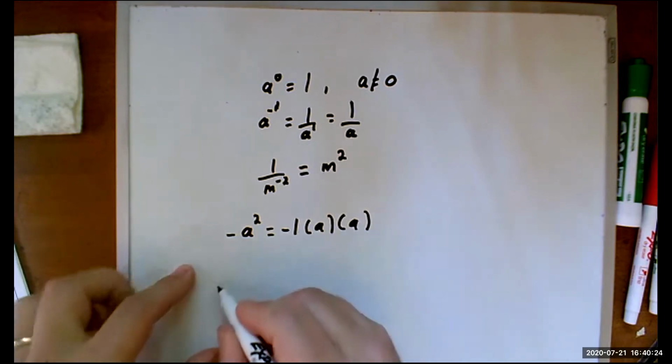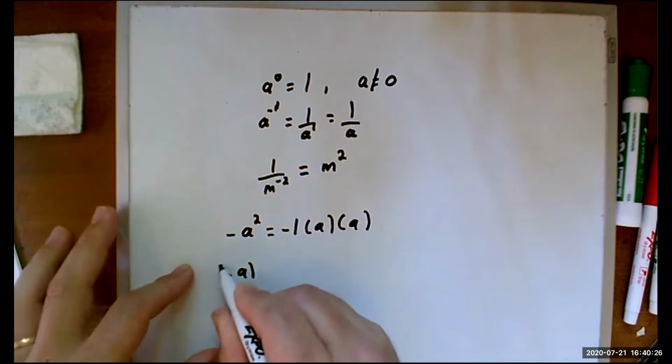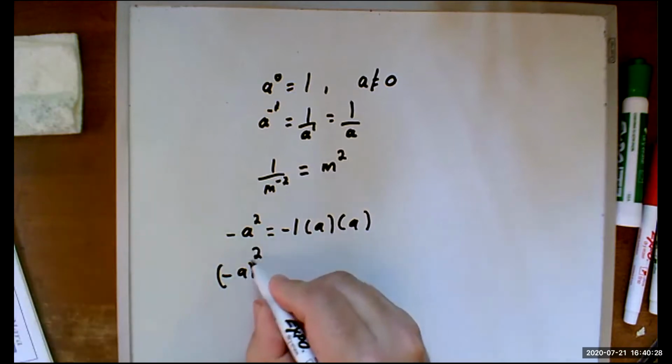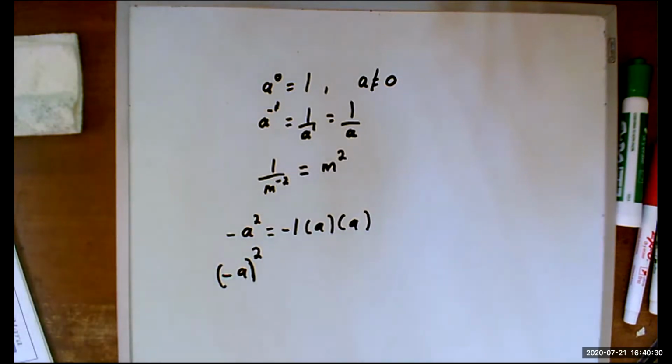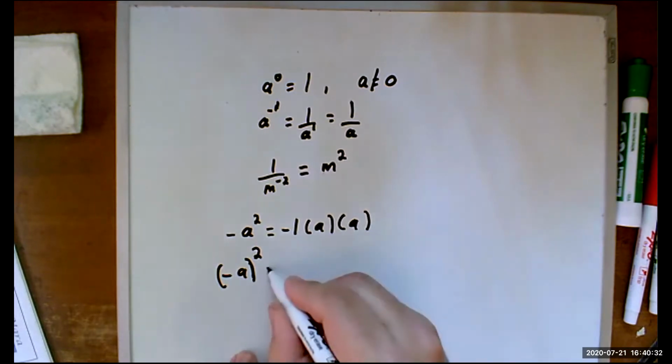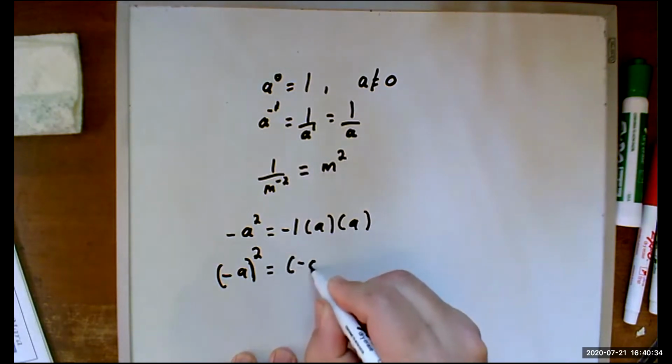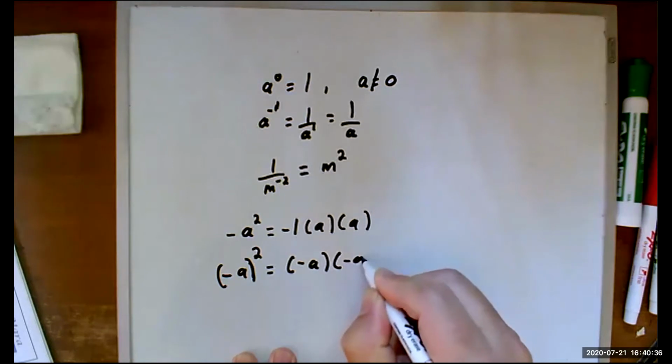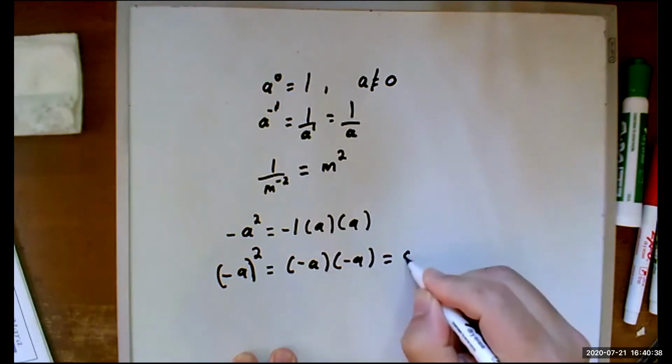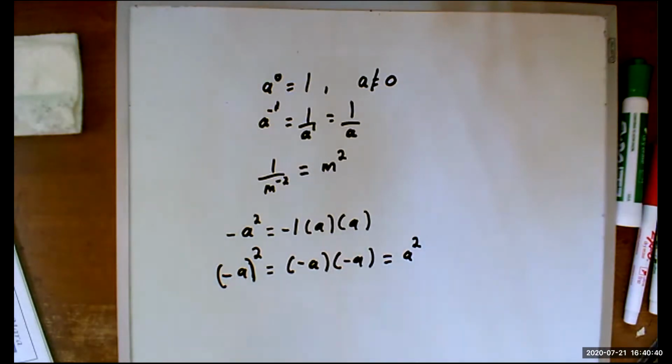That is different than if I had the negative a in brackets, and then it would be all squared. In that case, I'd be getting -a times -a, which comes out to the positive version, because a negative times a negative is a positive.